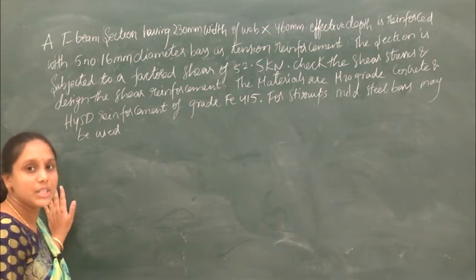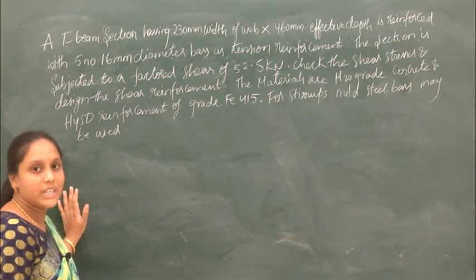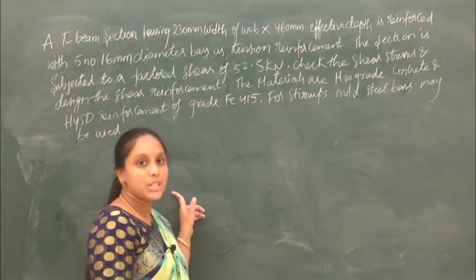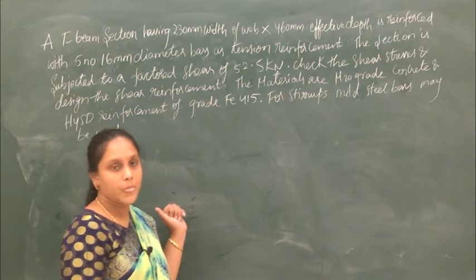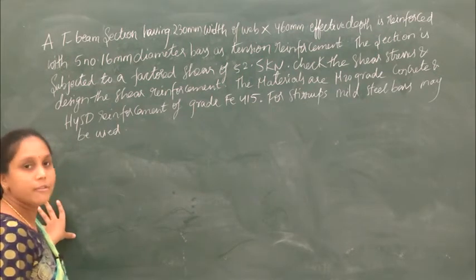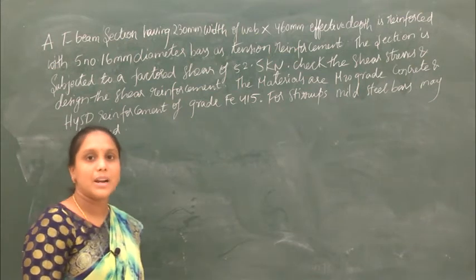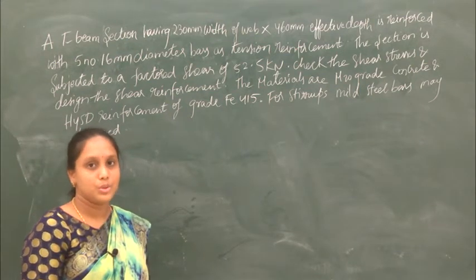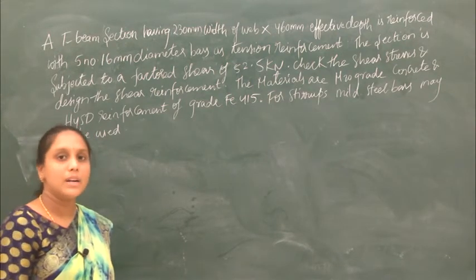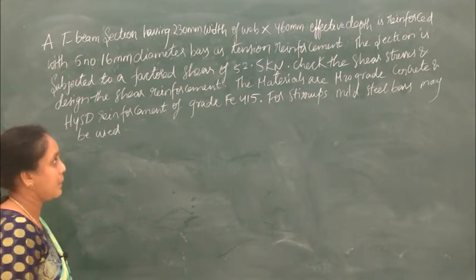The T section is given, and the width of the web of the T section is 230 mm, and the effective depth is how much it is? 460 mm. And it is reinforced with five number of 16 mm diameter bars in the tensile zone. So in the tensile zone, what is the reinforcement provided? It is 5 bars of 16 mm diameter each.